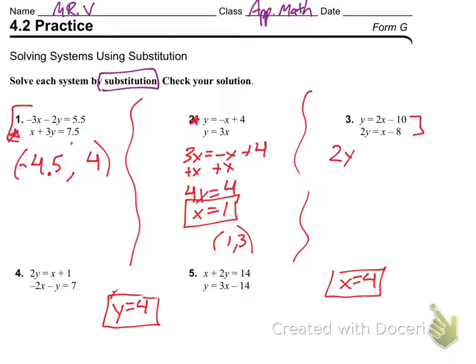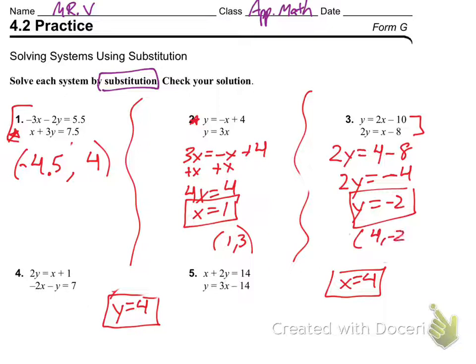So 2y is equal to, plug in the x there, which is 4 minus 8. 2y is equal to 4 minus 8, which is negative 4. So then y is equal to negative 2. So my final answer for this one is going to be (4, negative 2).